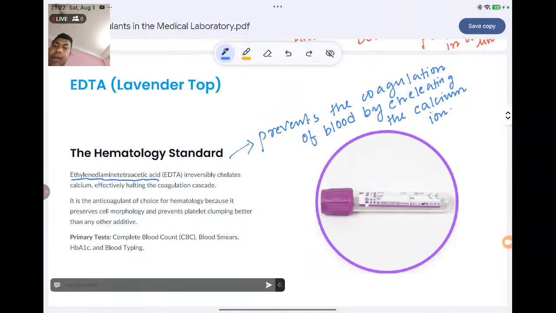It halts the coagulation cascade by chelating the calcium ion, because calcium is the most important element in coagulation of blood.